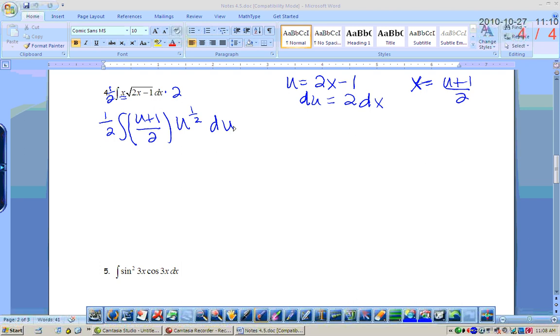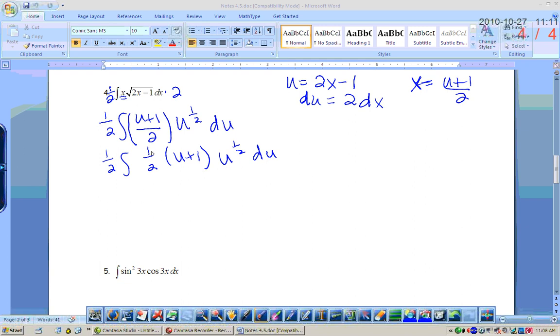Okay, Gray, what was your question? Since du is 2 dx, I stuck a 2 in to get my du, and therefore I had to do the 1/2 outside. All right, now this is my suggestion. We're going to have to do a little bit of simplifying before we actually integrate here. Isn't this u plus 1 divided by 2? That's the same thing as 1/2 times u plus 1. And then I've got the u to the 1/2 du.